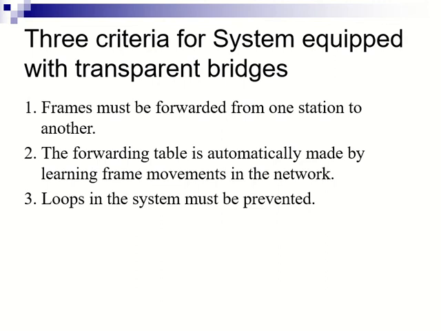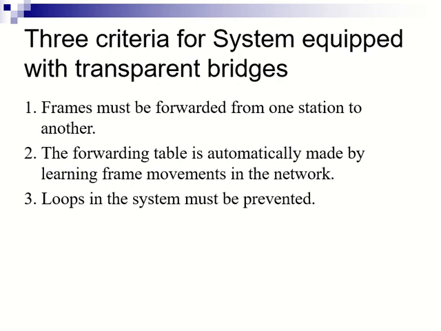In order to make the table dynamic, we require a switch that gradually learns from frame movement. To do this, the switch checks both the source and destination address in each frame that passes through that particular switch. The destination address in the frame is used for forwarding the frame, and the source address is used for adding entries to the table and for updating purposes.